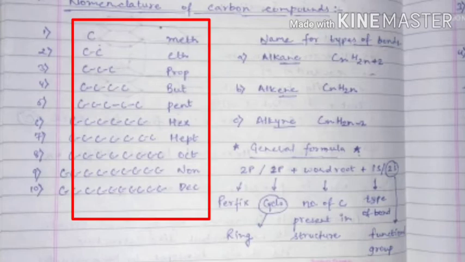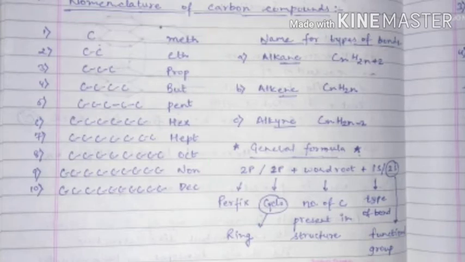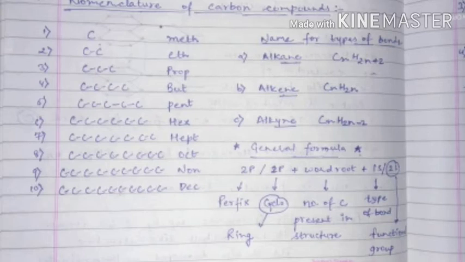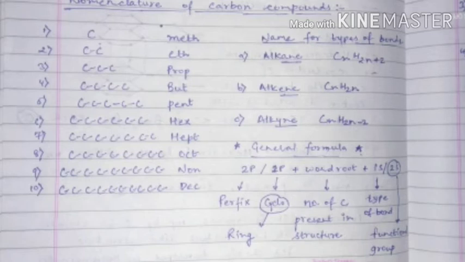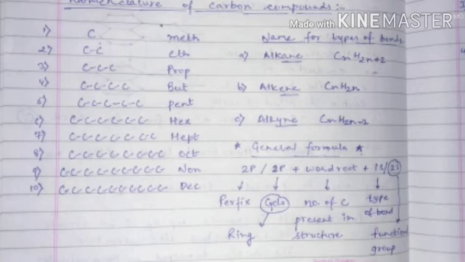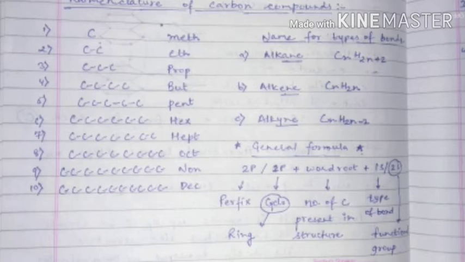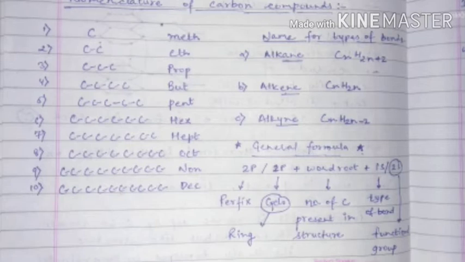For example, for one carbon we say meth, for two carbon eth, for three carbon prop, but, pent, and so on. As the number of carbons increases, we need to remember these names. Then students, on the basis of the type of bond, if there is a single bond, we give the common name alkane. The general formula of alkane is CnH2n+2.